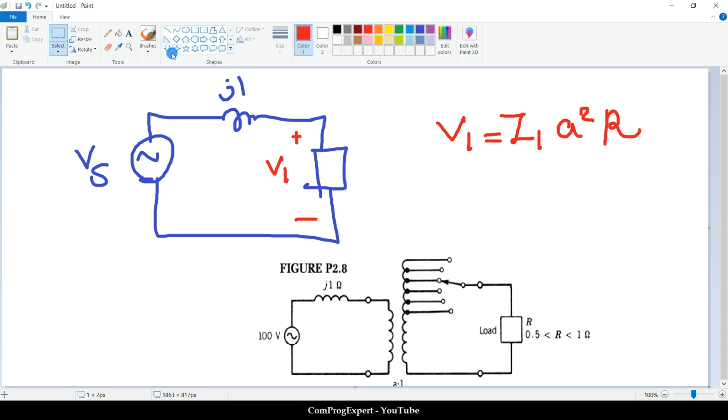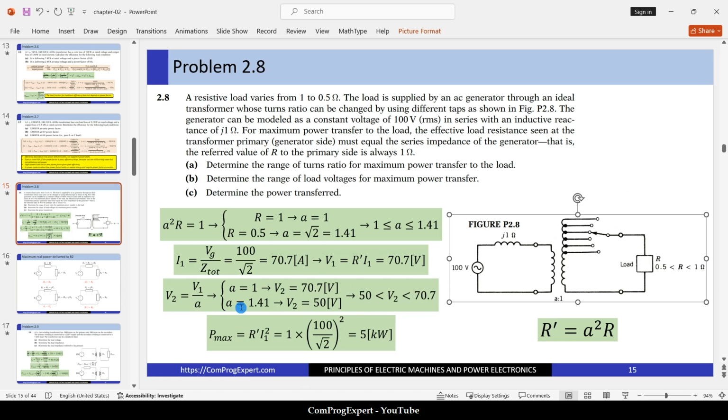The value of the voltage V2 is equal to V1 divided by A. Okay, so in this case, the value of V2 will be equal to 70.7 when the value of A is equal to 1, and will be equal to 50 when the value of A is equal to 1.41. So this is the range of the output voltage if we are going to get the maximum power.